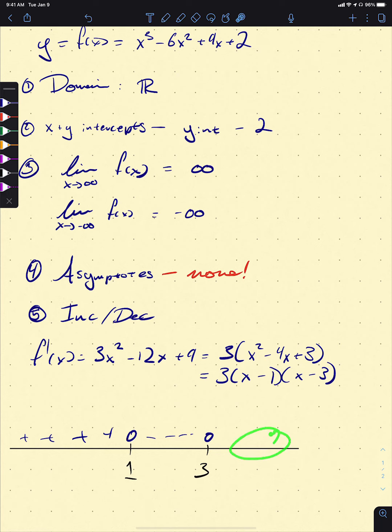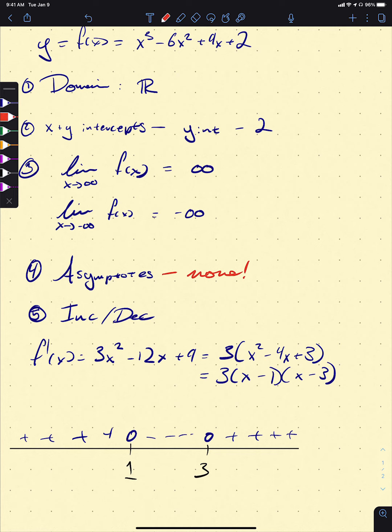And then what's happening somewhere like here? Maybe we can pick 4. X minus 1 is going to give us 3. X minus 3 is going to give us 1. So we have 3 times 3 times 1, or 9, which is positive.